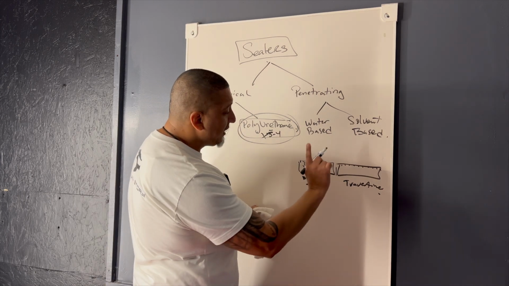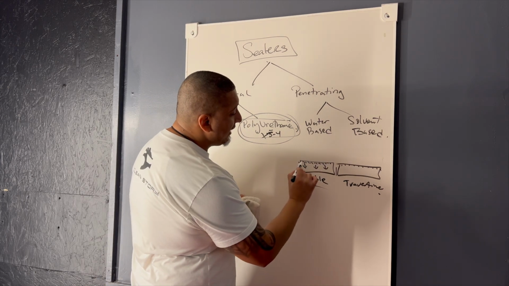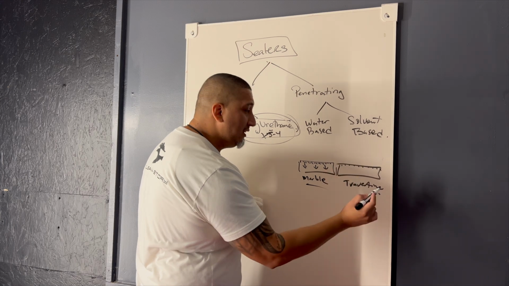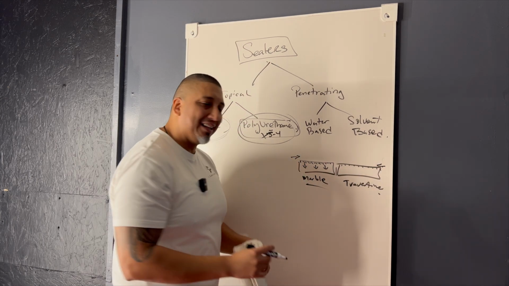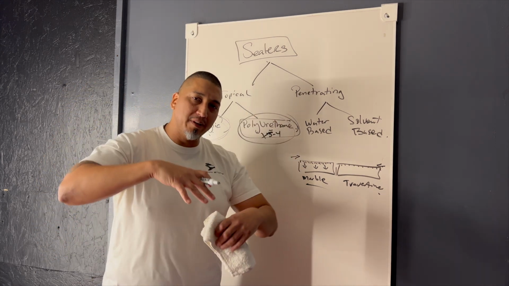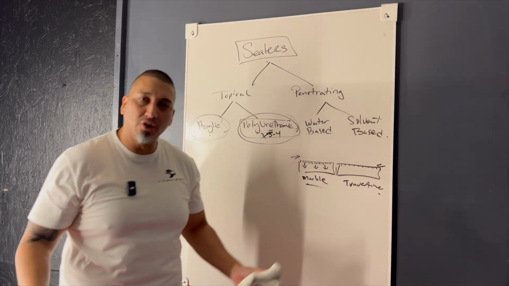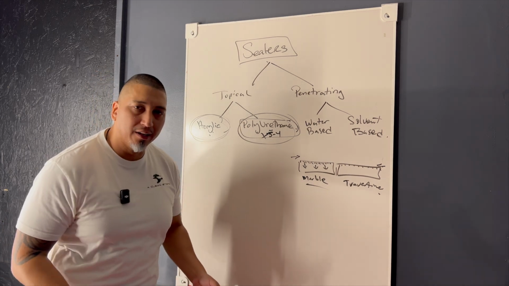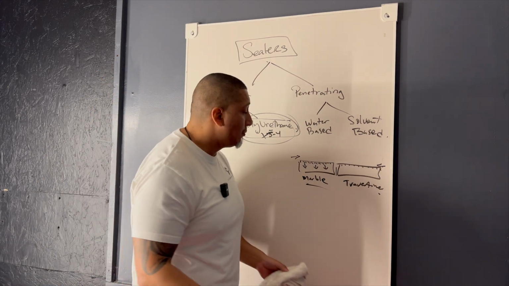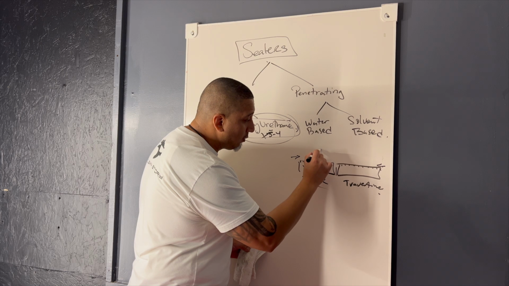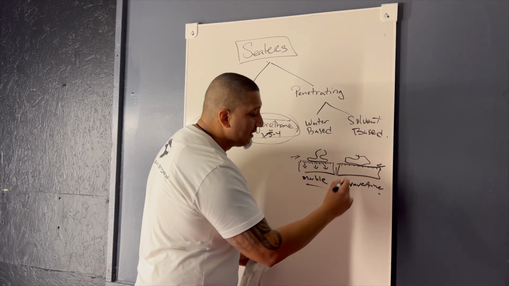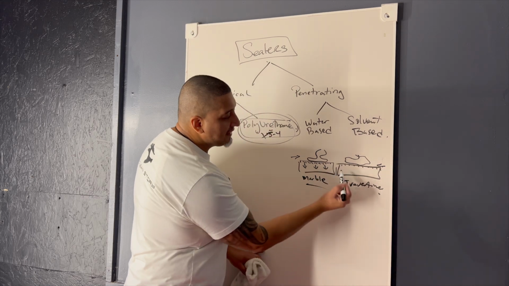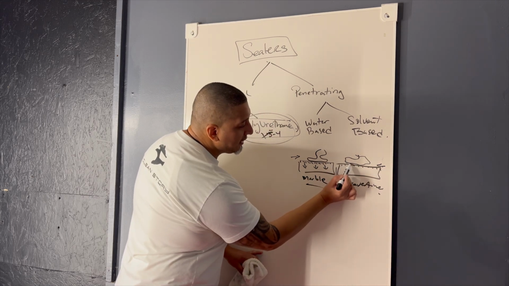But the downside is that it penetrates, so literally there's nothing on the surface protecting it from any elements making contact with the stone. So what ends up happening, back to the red wine example, is that if you were to spill red wine on any one of these, it's going to make contact with the bare surface.